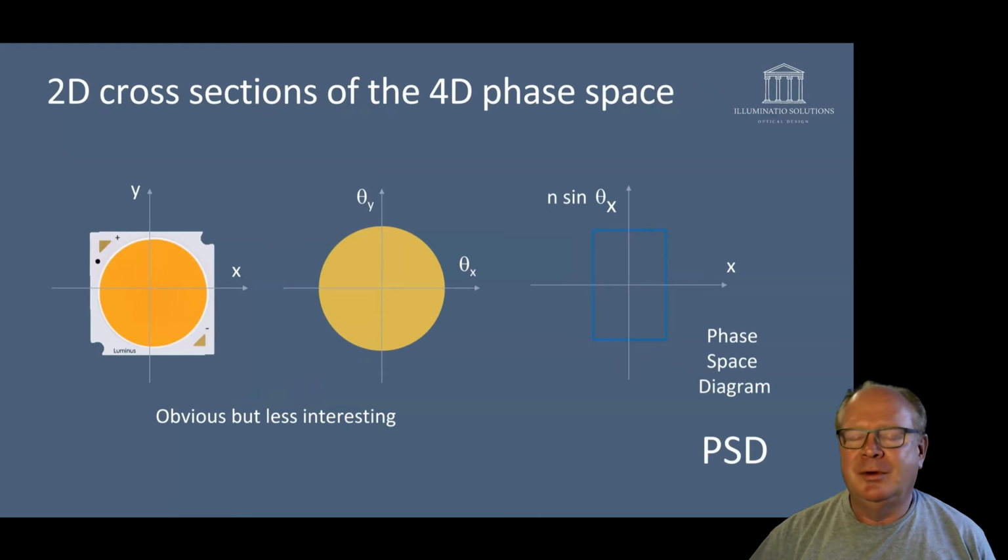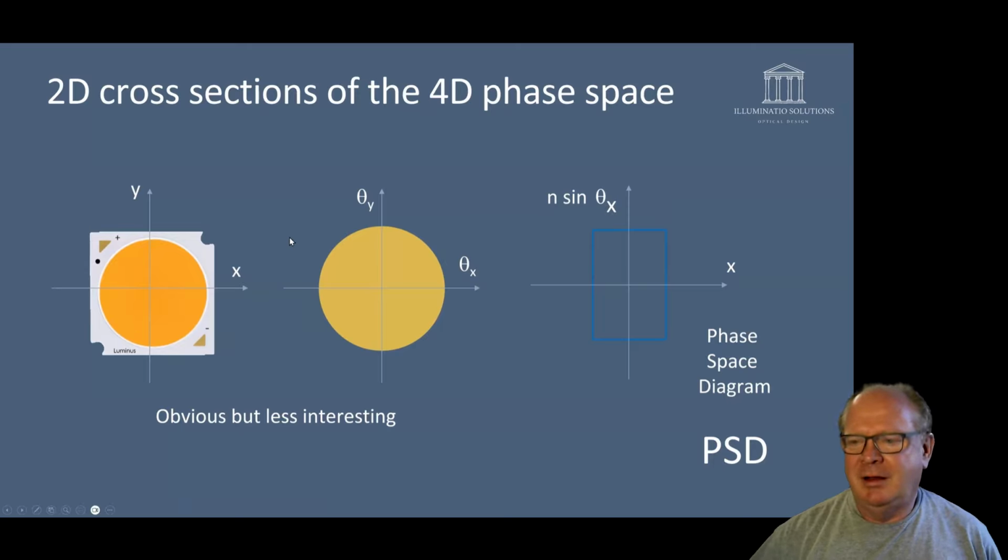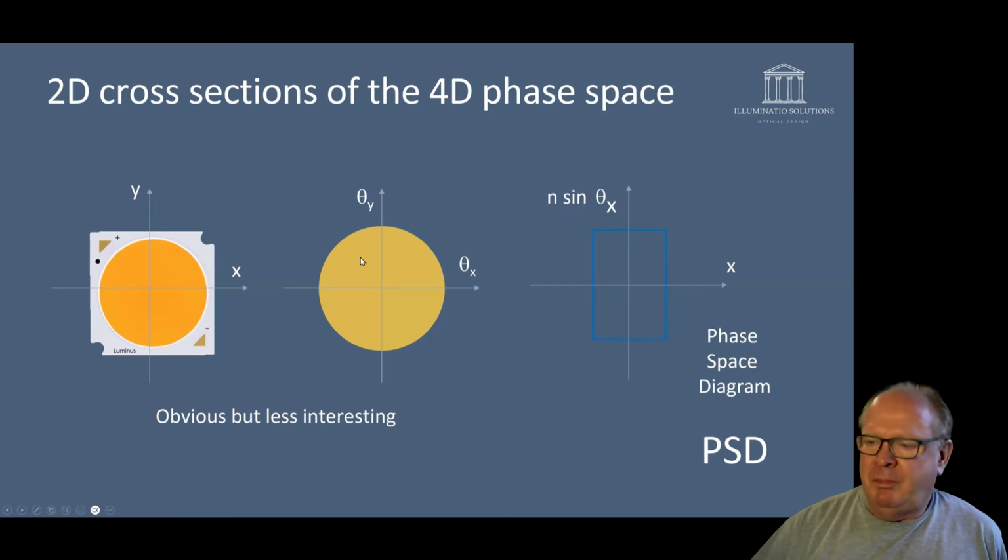So we try to do some cross sections. Here at left, I have shown you a spatial cross section with the X and Y coordinates, and you can see, for example, the surface of an LED. Then we have an angular cross-section. Both diagrams are in the phase space and they are obvious, but they are not so exciting.